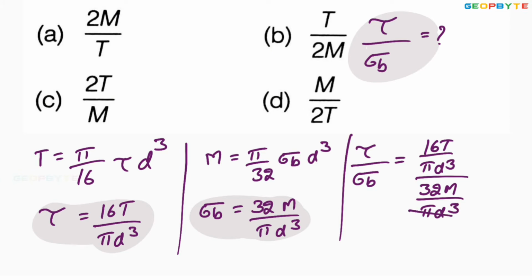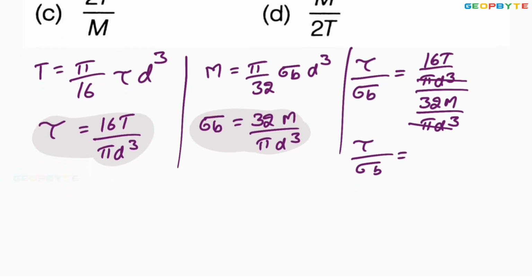Here this pi d cube cancels. Tau by bending stress is equal to, this 16 is 2 times, so torque by twice the bending moment. So the ratio between the maximum shear stress and maximum bending stress is T by 2M.